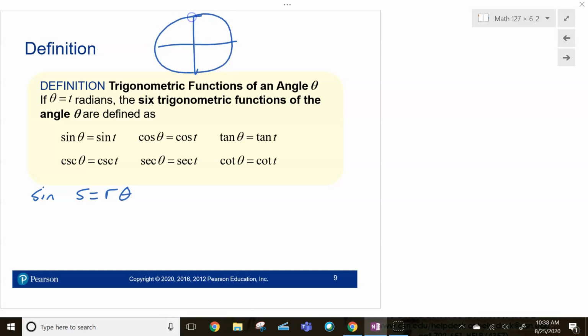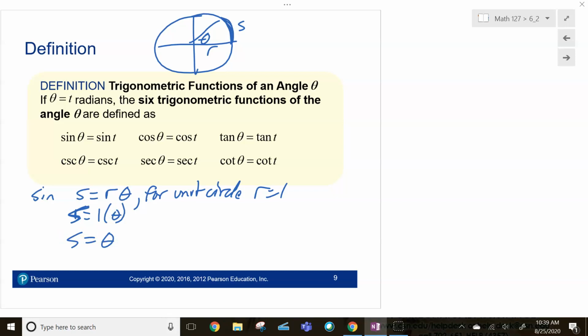We know that the arc length S is R times theta. Well, for the unit circle, R is 1, right? We have a radius of 1, so S equals 1 times theta. In other words, our arc length is the exact same as our theta.